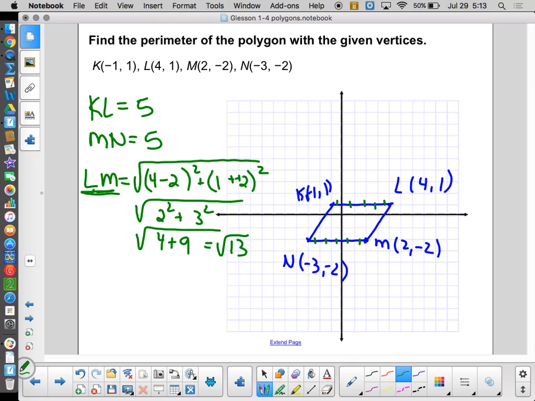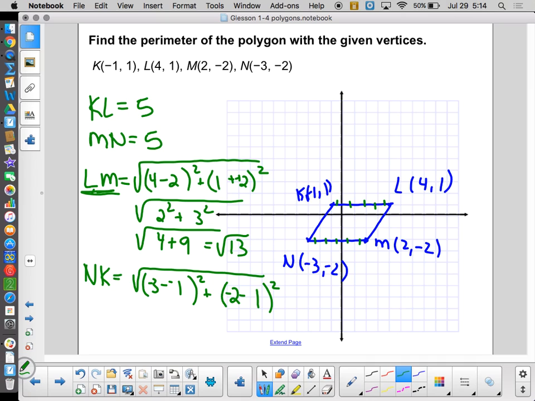And NK. Setting up my distance formula, you're right, we probably are going to come up with the same thing, but we should still show our work. The coordinates are -3 and 1, and -2 and 1. So -3 minus... I'm sorry, -3 and -1.